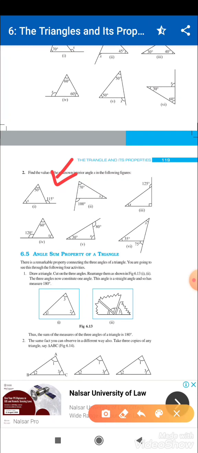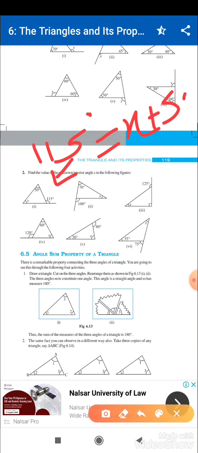So we apply the exterior angle property here. As we all know, the value of the exterior angle is equal to the sum of the interior opposite angles. So 115 degree is equal to x plus 50 degree, by the exterior angle property.